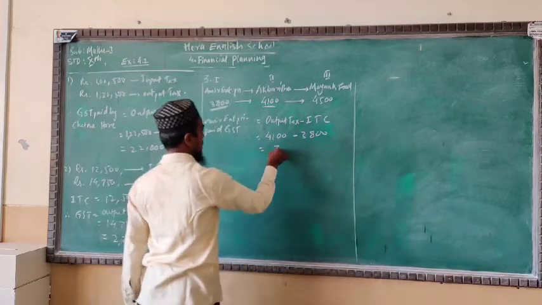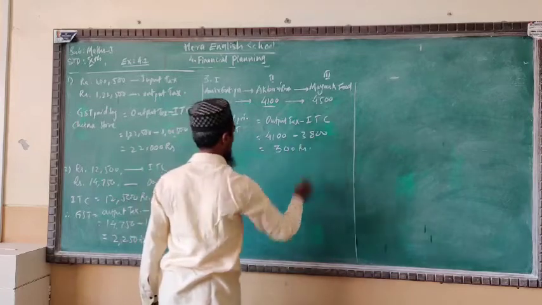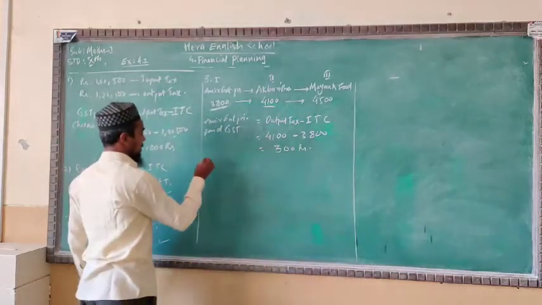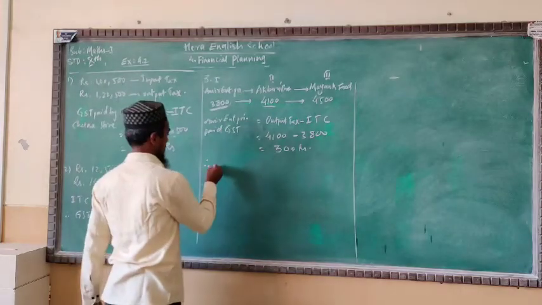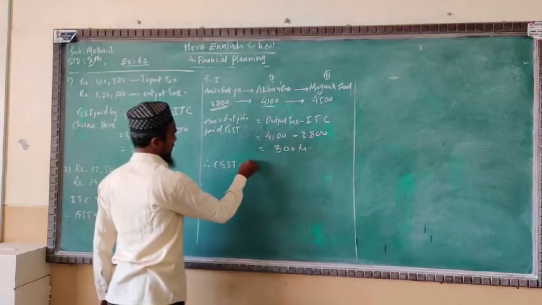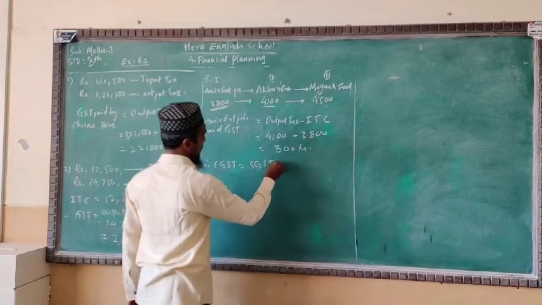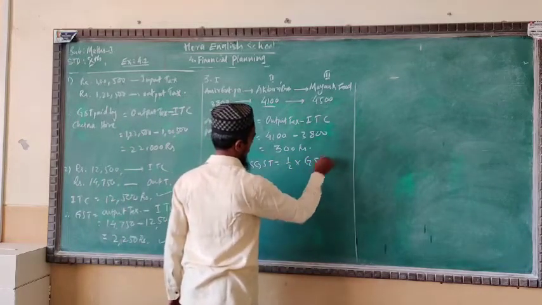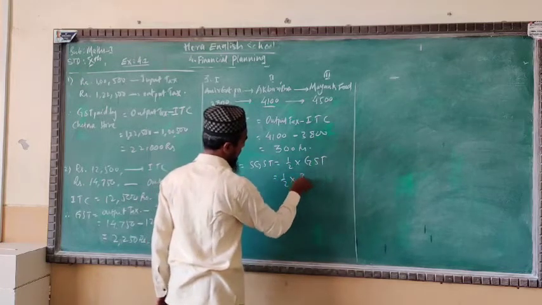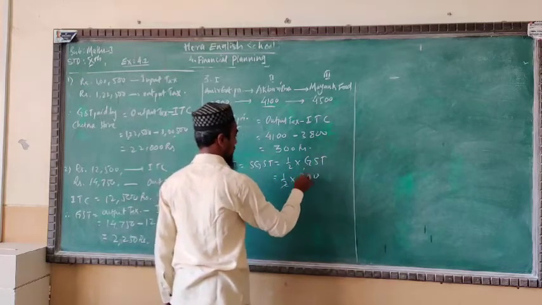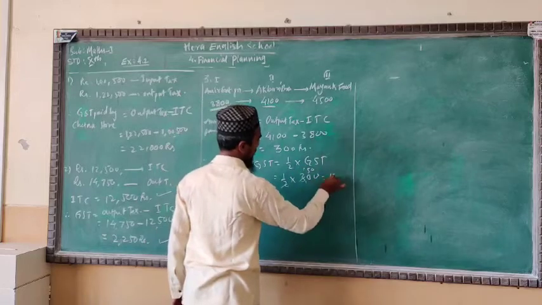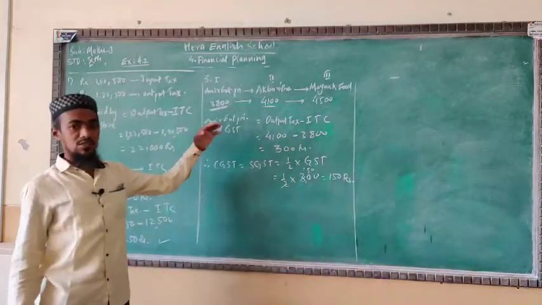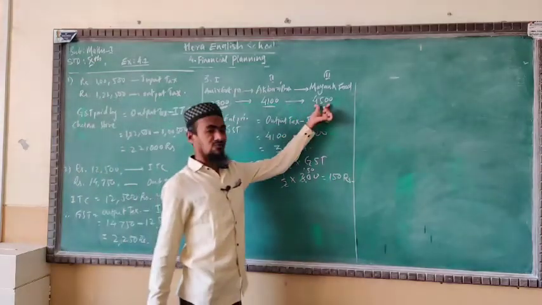You will get how much? 300 rupees. It is the GST paid by which one? Amer Enterprises. So we'll write here CGST is equal to SGST is equal to half of GST, half of 300. 2 1s are 2, 2 5s are 10. You get 150 rupees. Now next thing, Akbari Brothers also paid on the amount of 4,500.